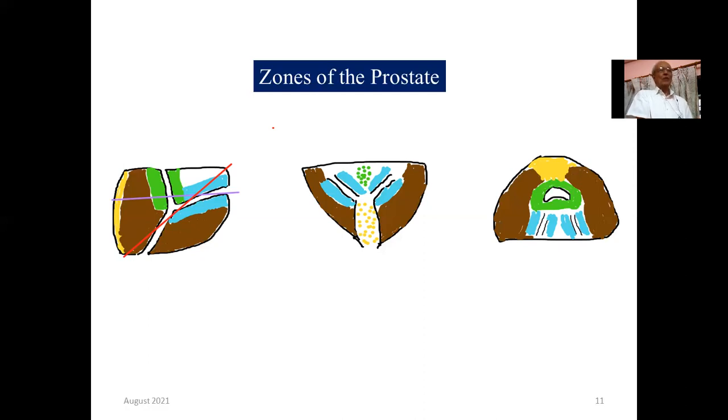The ideal thing would be to have MRI of the prostate from top to bottom and serial MRIs. That would be the ideal thing to have. And then somebody who knows MRI interpretation will be able to identify the zones. We go to the next slide now.